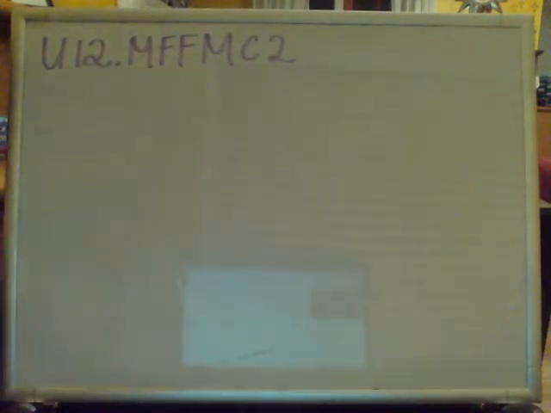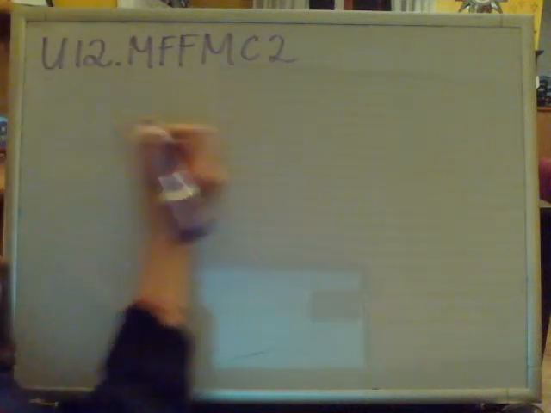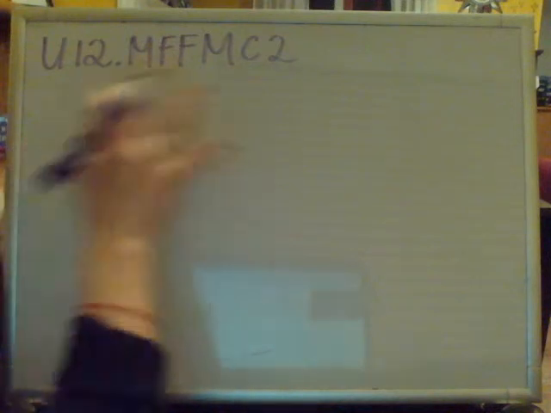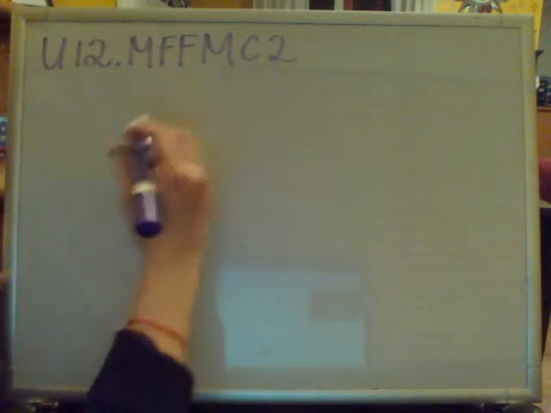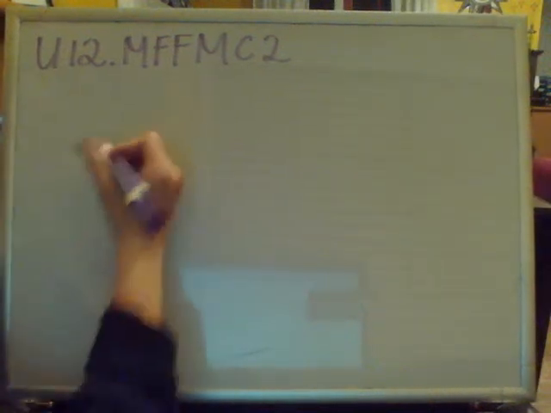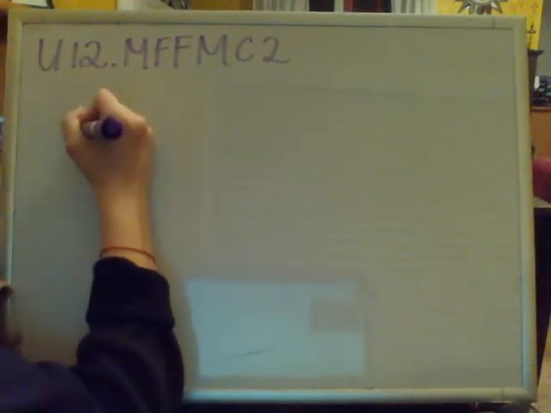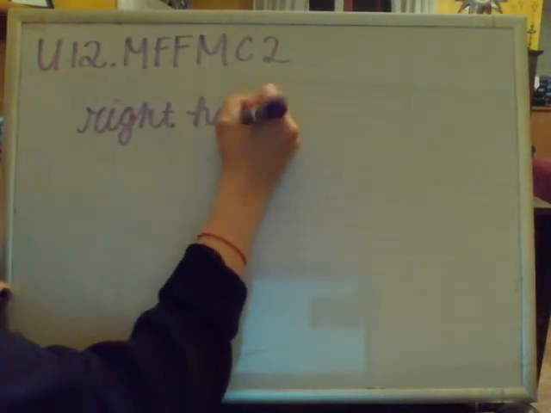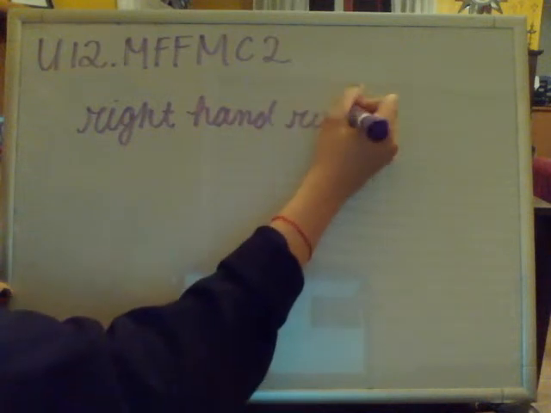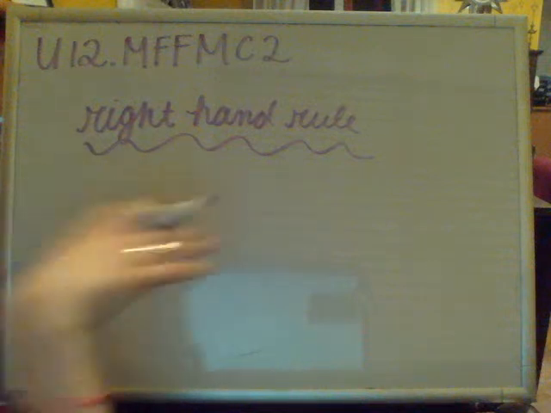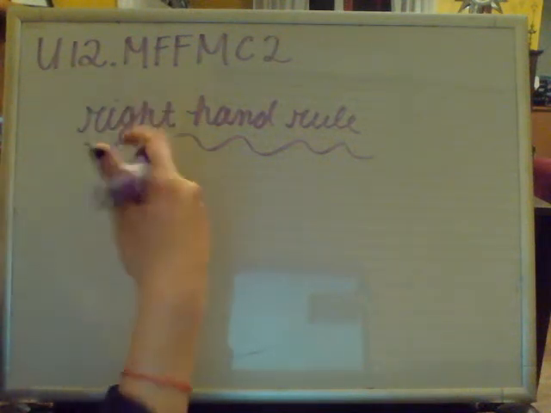The right hand rule is basically a little helper to help you figure out in which direction the force is influencing the proton, or the electron, that is moving through this specific magnetic field. This comes in handy when you're trying to figure out in which direction the force is.